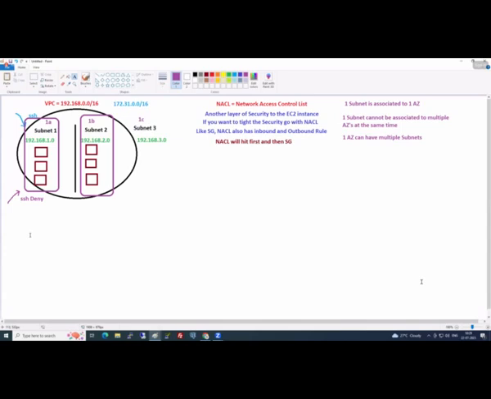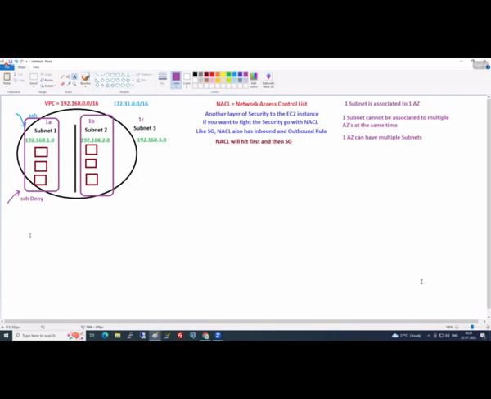Whichever subnet, how many EC2 instances will be there? So many. So you can just put a deny inbound rule at the NACL level, and he cannot access it anymore. You got this? Real time. You should have the courage and guts to take that real-time knowledge. So SSH you can deny on the subnet level.